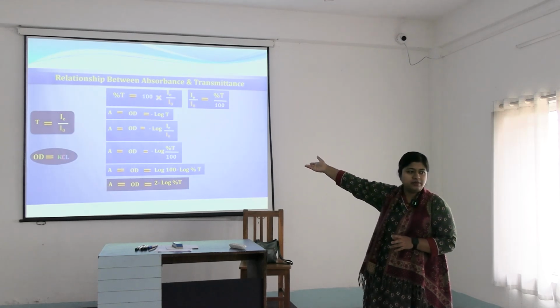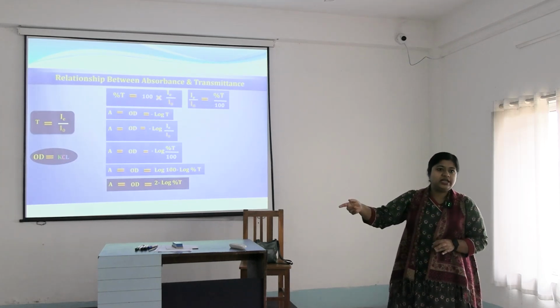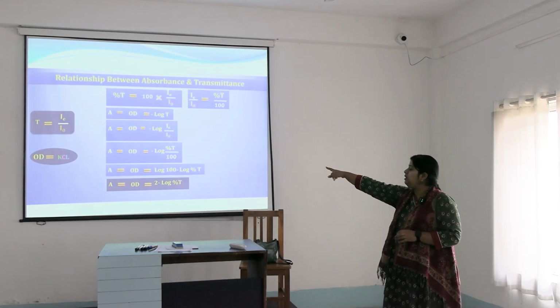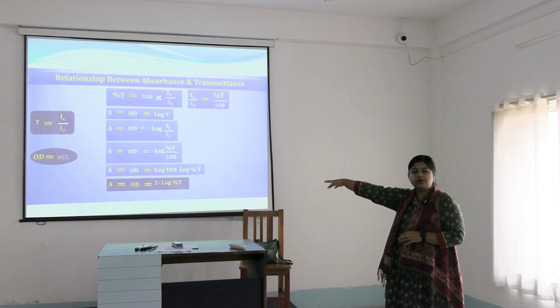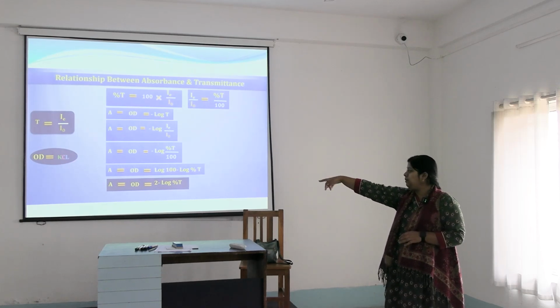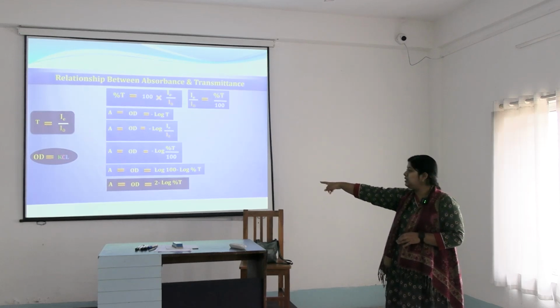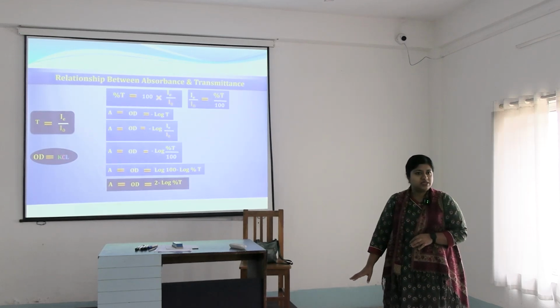T is nothing but IE by I0, right? So IE by I0, if converted in percentage value, will look like this: percentage transmission by 100. Minus log 100 will come up and it will be the value of 2. So A is equal to 2 minus log percentage transmission.